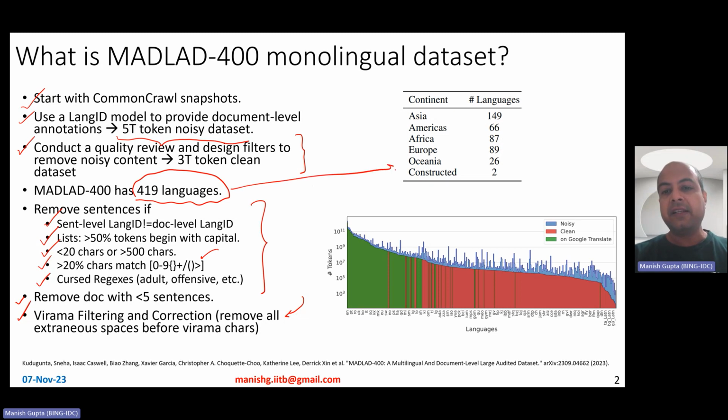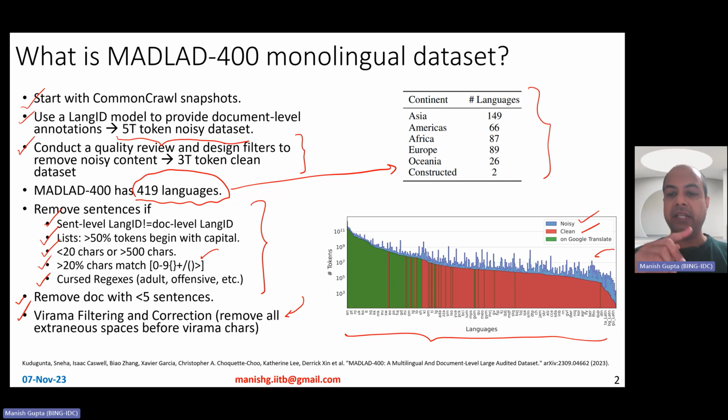Overall, these 419 languages are split as follows. 149 of them are from Asia, and the split is what you see there. This is the split across languages for tokens with respect to what is noisy and what is clean. As you see, of course, the noisy dataset is larger than the clean dataset, which is indicated by the green plus red here.